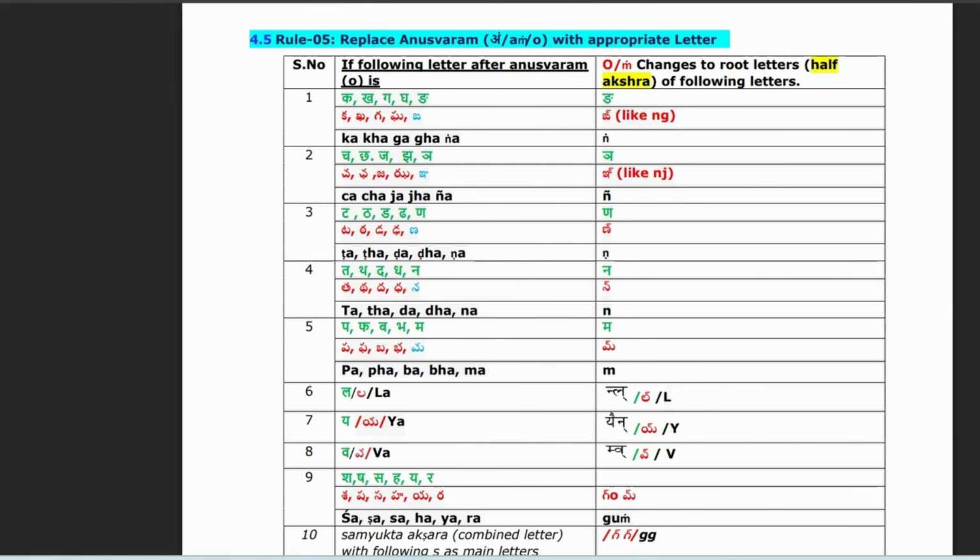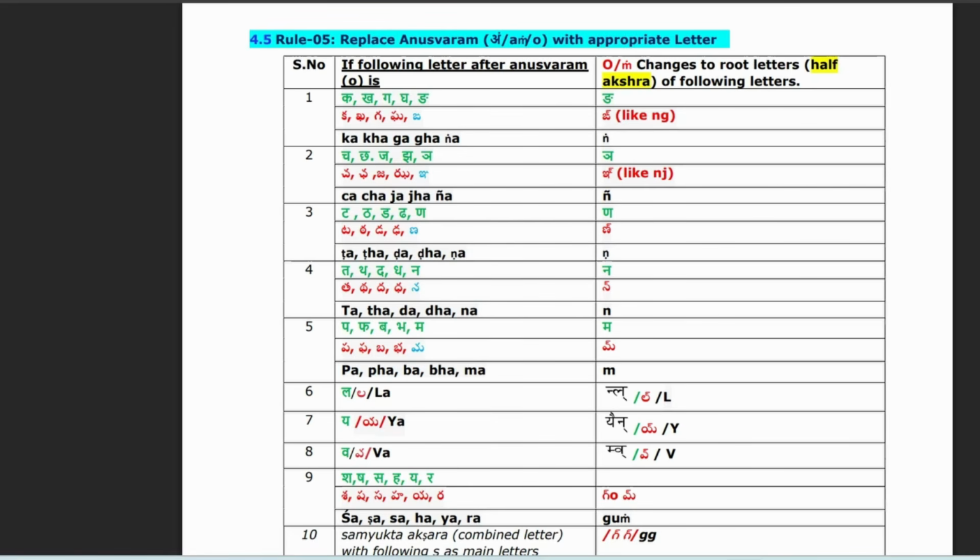Tavarga, if the letter following the Anuswaram is from Tavarga, it changes to the last letter of that Varga, which is N, so it becomes N. Pavarga, the last letter is M, so if you have an Anuswaram followed by Pavarga, it becomes M. So always think which Varga the letter belongs to, and use the last letter of that Varga. It is that simple a rule.